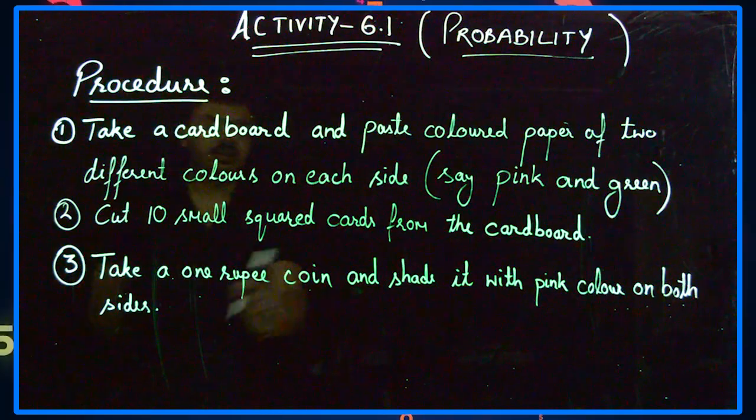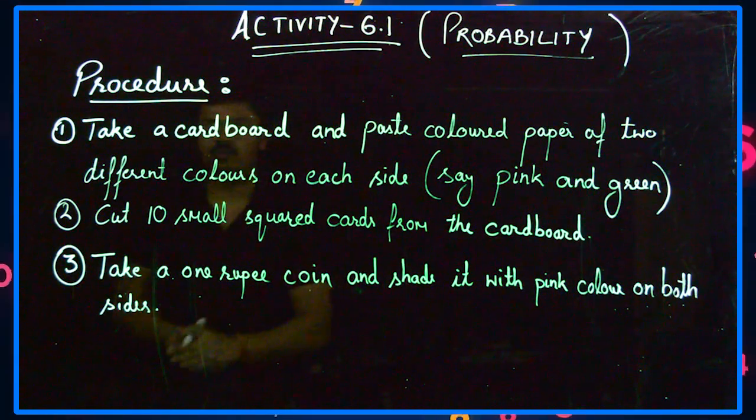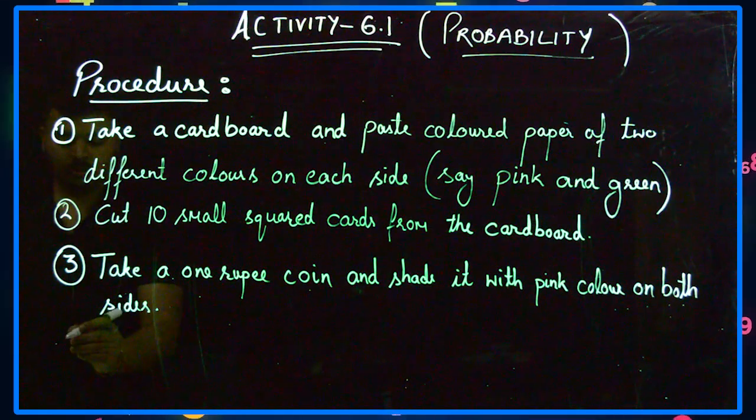That is, now we have taken a 1 rupee coin and shaded pink color on both sides of the coin. Now step 4.